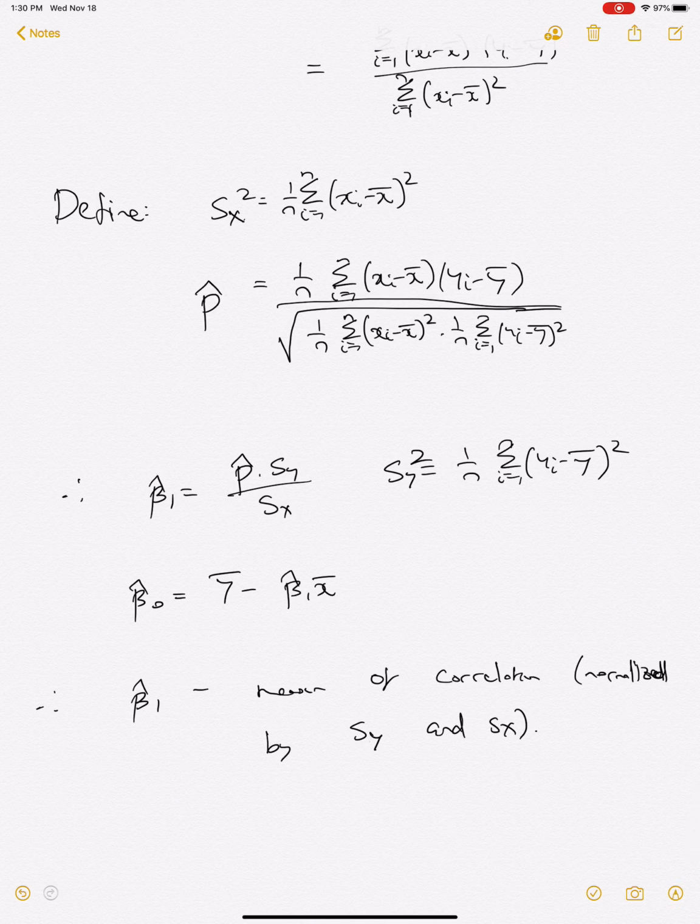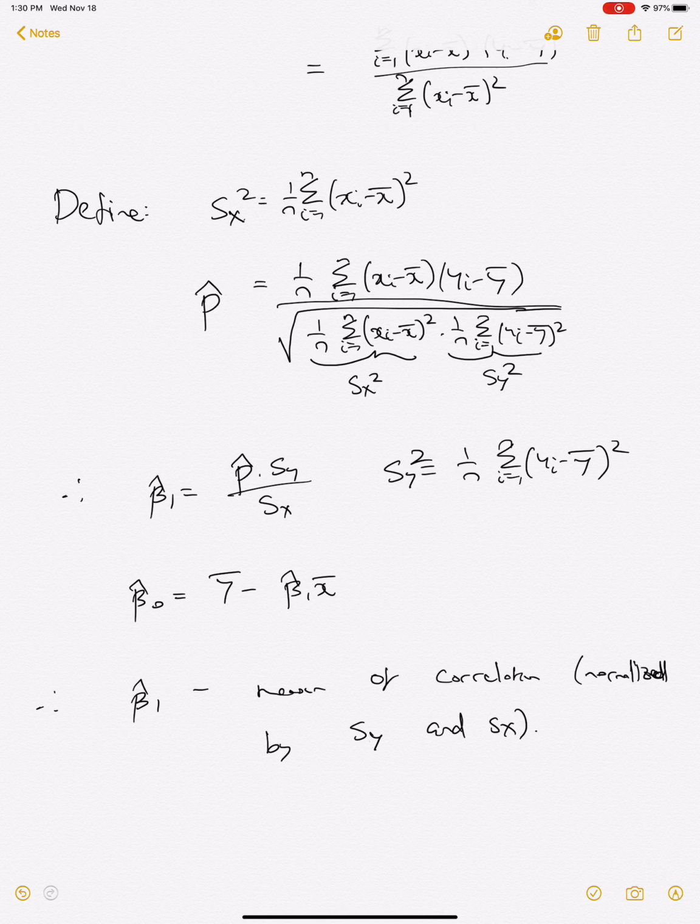And to understand the interpretation of this, think about the population correlation, what it looks like. So the numerator is like a sample covariance, and the denominator is like the sample variance of x times the sample variance of y. So this is sx squared, and then this is sy squared.